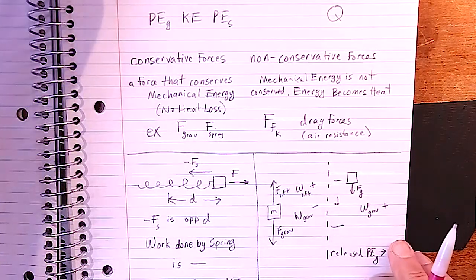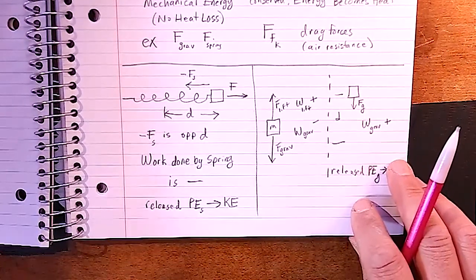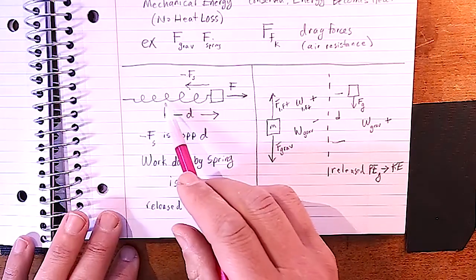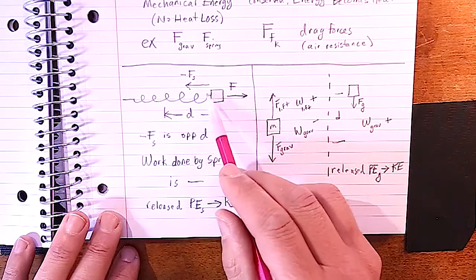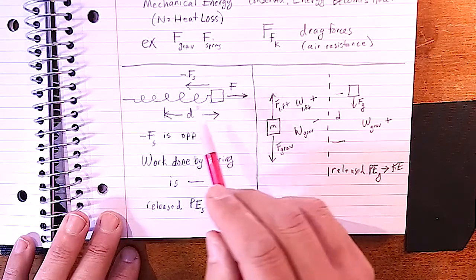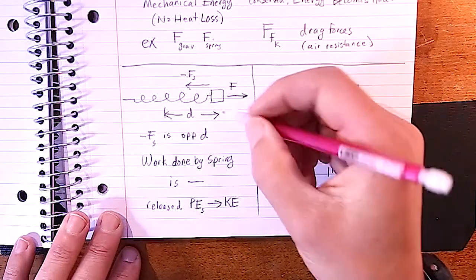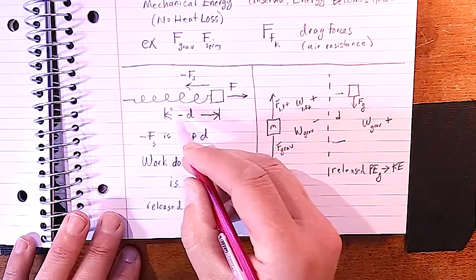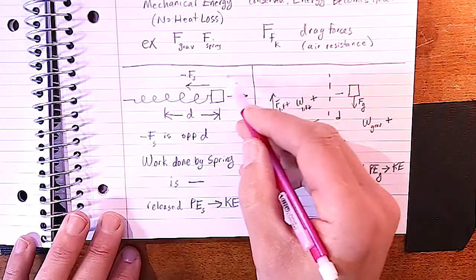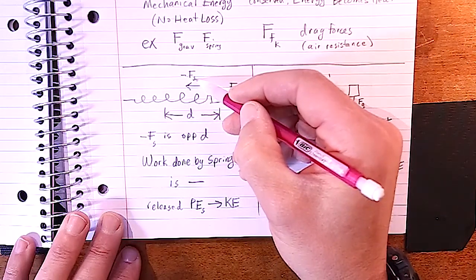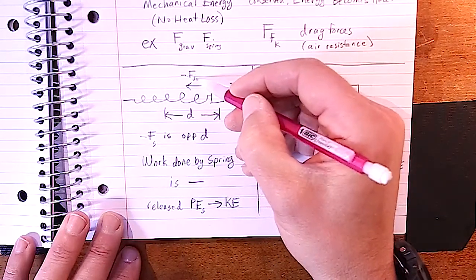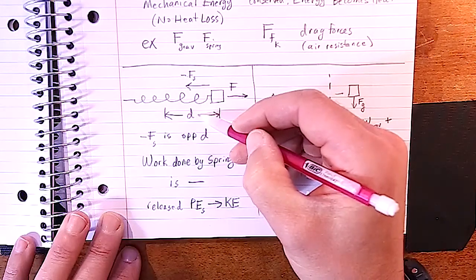So let's look at a couple of examples of this. So if we have a force that stretches out a spring, the spring gains spring potential energy. But during this process in which the force was dragged out to the right, this did positive work, but the force of the spring did negative work because the force of the spring was opposite the direction of the displacement.